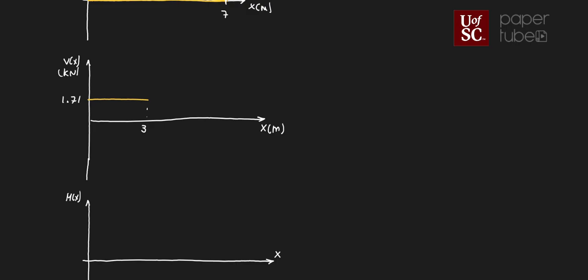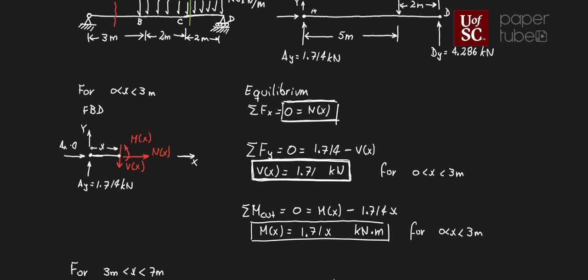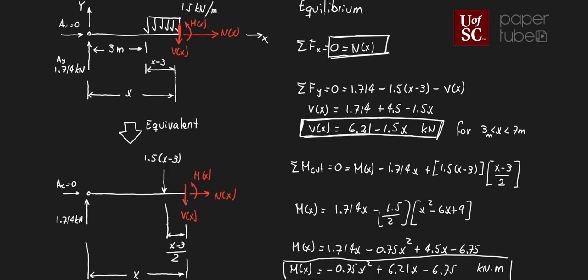this one over here. That's 6.21 minus 1.5x. I'm going to evaluate it at 3 meters. I'm going to evaluate it at 7 meters, okay?